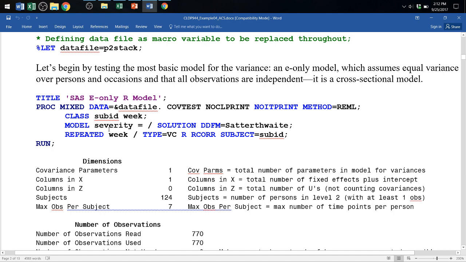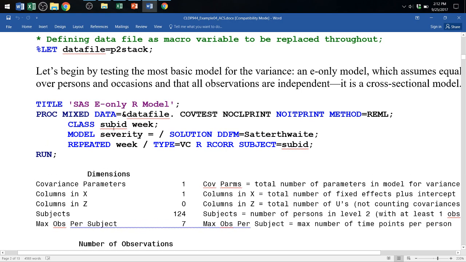So my PROC MIXED code: SUB ID stands for subject ID. That's my level 2 identifier for person. Week is my level 1 ID for which occasion is which. Severity is my outcome. My repeated statement has week so that it will align the columns of my variance covariance matrix appropriately. And the structure here is VC.